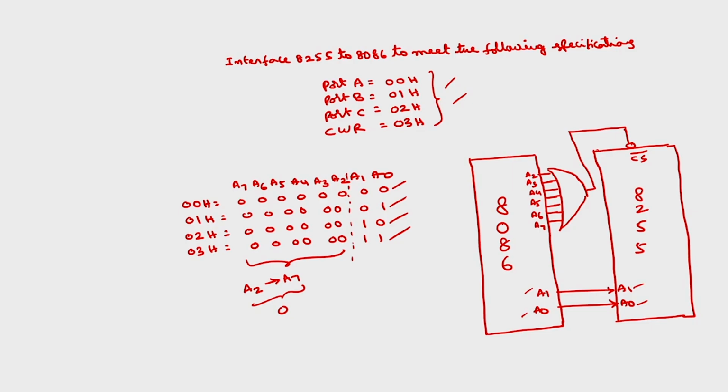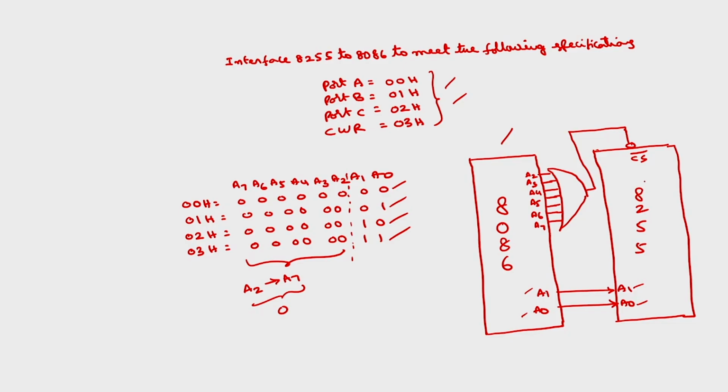Now assuming these connections, how do we connect an LED? First of all, what is the need of this? If I want to connect an LED here, why don't you connect the LED directly to 8086, or input devices such as a keyboard or 7 segment display? Why don't you connect these devices directly to the 8086 without using 8255?